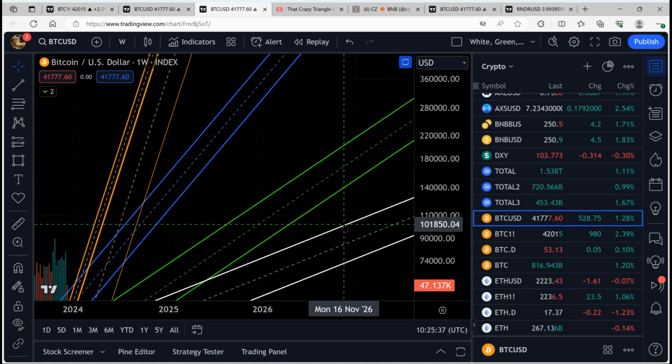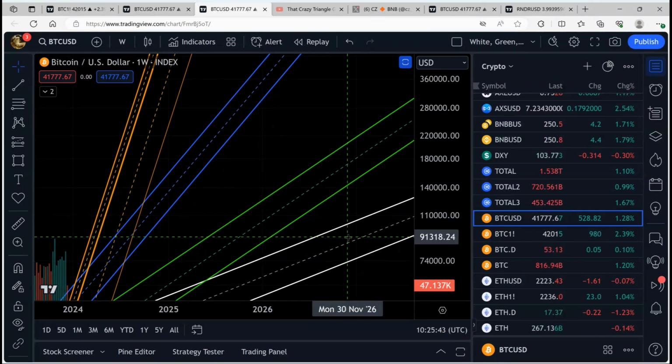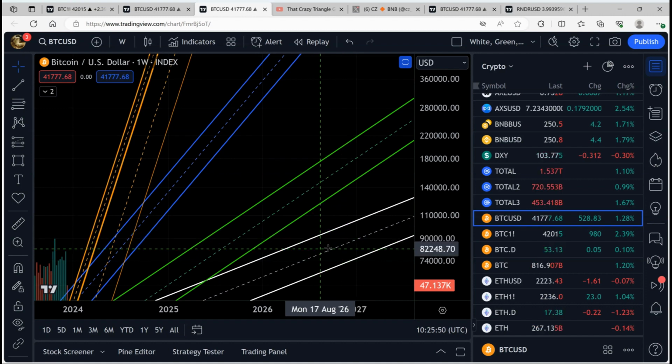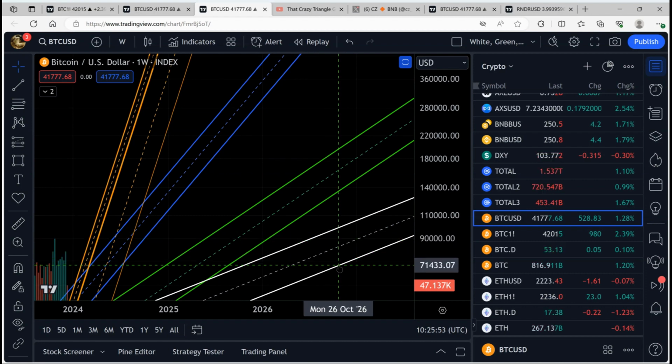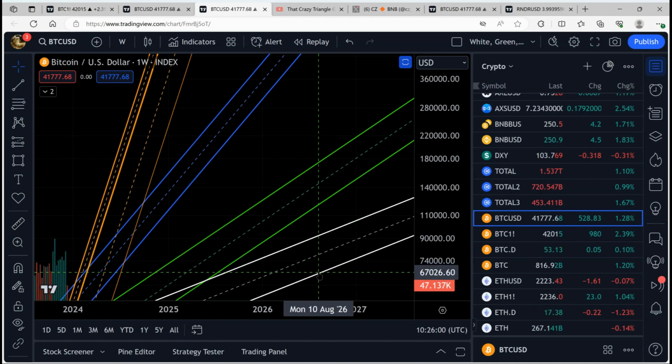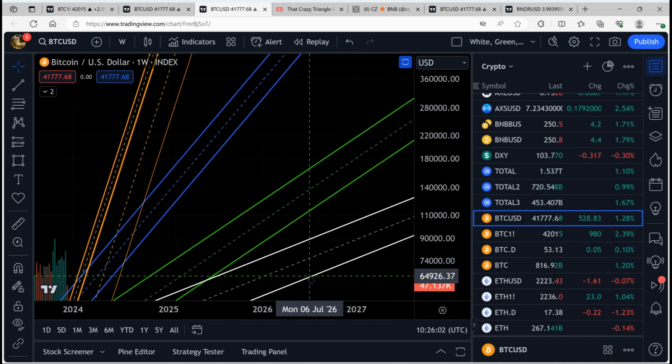Our bottom should be about 100,000, maybe, if we come down to the top of the white channel. Do we come down to the center line of the white channel? Maybe 86,000. So anyway, I think Bitcoin's next bottom will be around here. Could we come all the way down to the bottom of the white channel? Maybe 70,000.